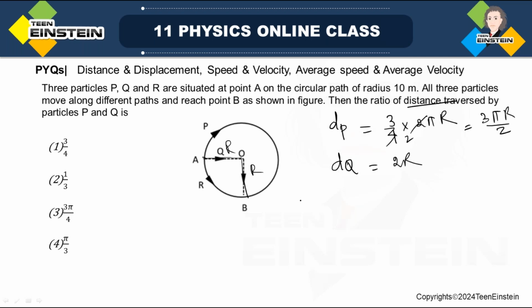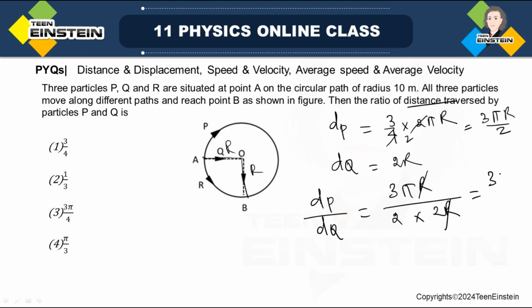Now I have to find the ratio dP by dQ, which is 3 pi r by 2 divided by 2r. The r cancels, giving 3 pi by 4. Which one is correct? The third option is the correct answer for this question.